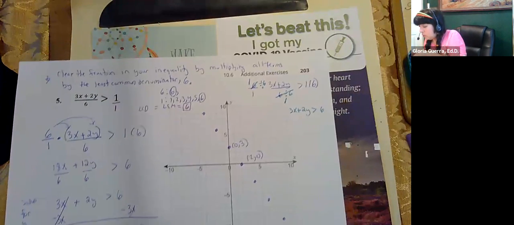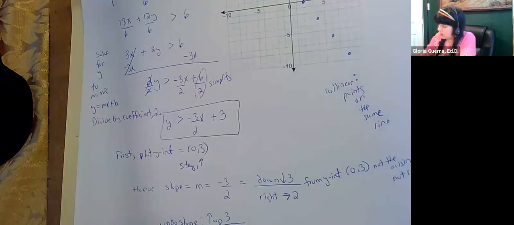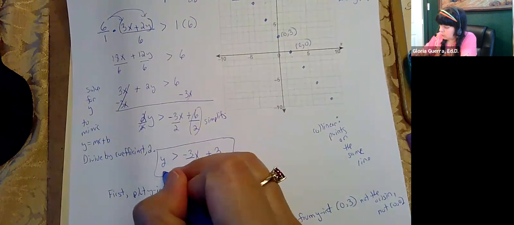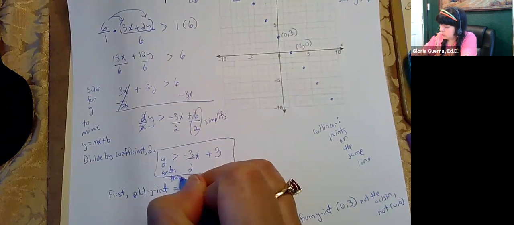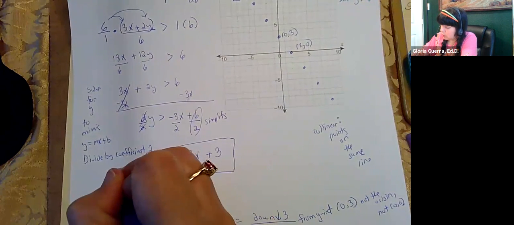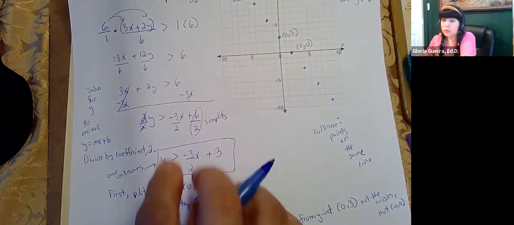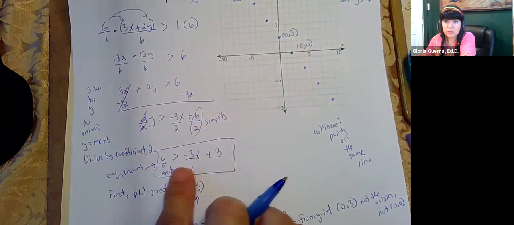Okay, and then when you connect your points, this is saying that y is greater than this line. Our unknowns are greater than this line.